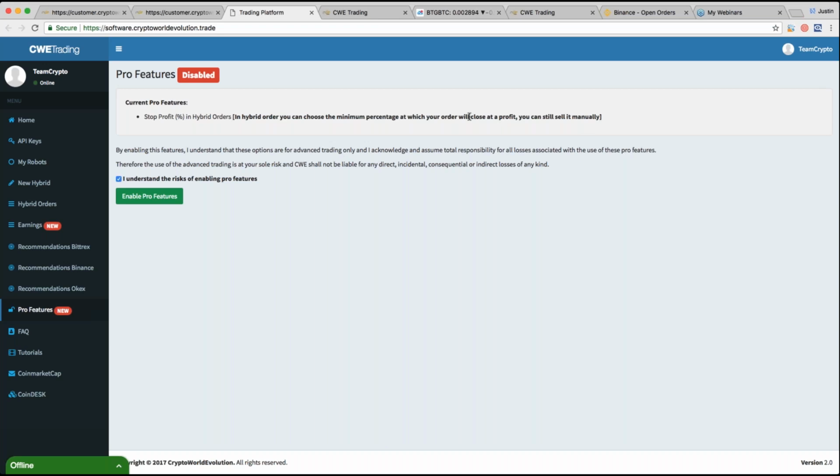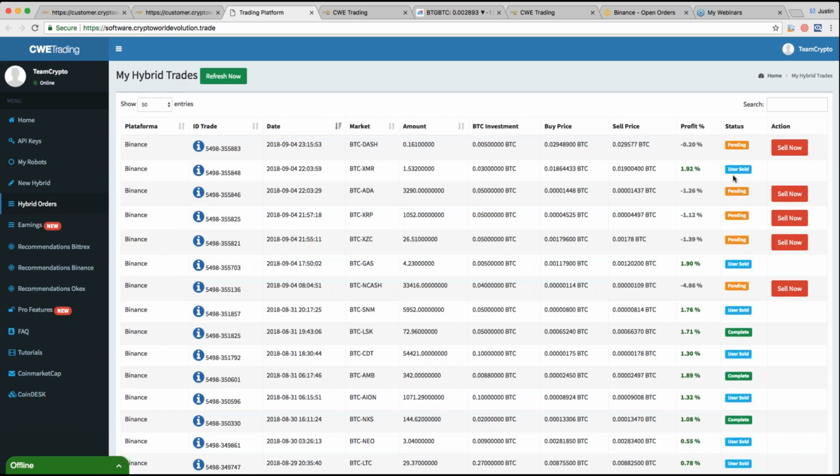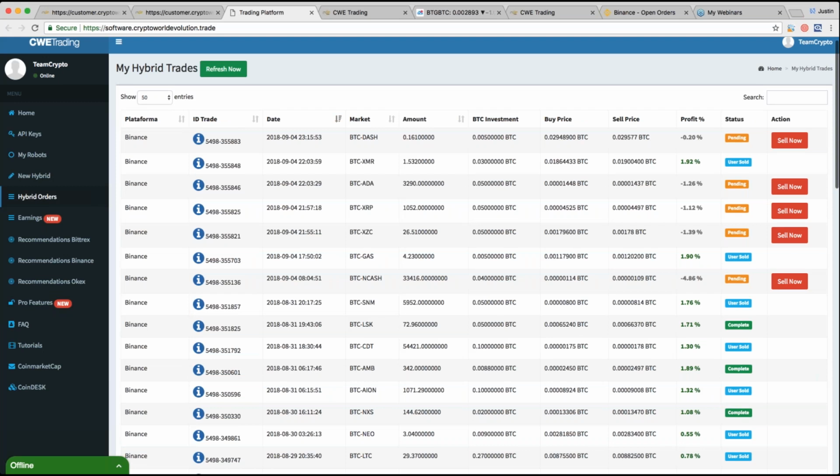So if you're a trader and you say, hey man, Bitcoin's taking off right now, these coins are going to rally. Instead of you setting up one bot at a time, because when these bots close out, this one stopped. I still have a couple that are pending right now.